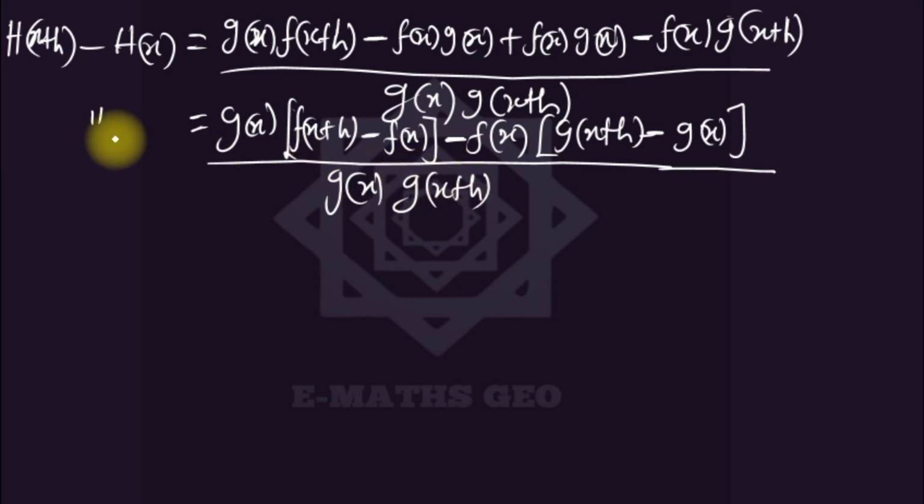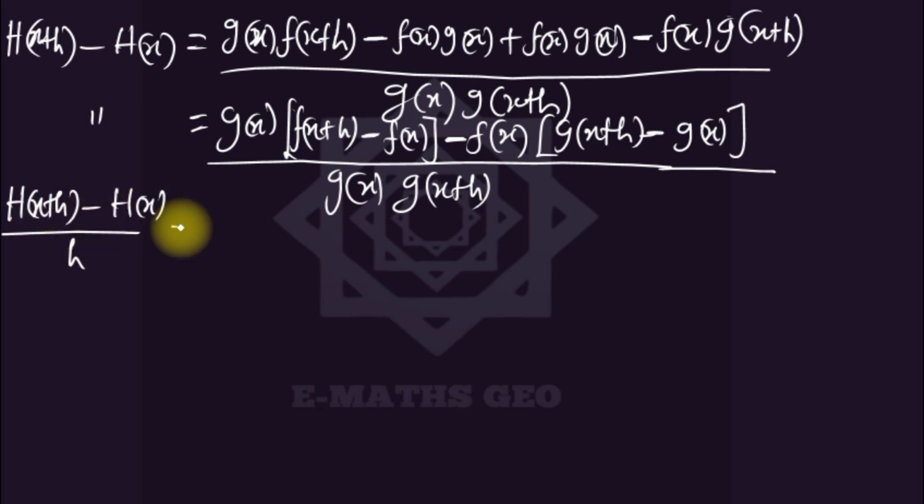So next, we need to divide by h. So the next step is to divide this by h, which is dividing this by h. We need to do it fast so that we won't waste time.